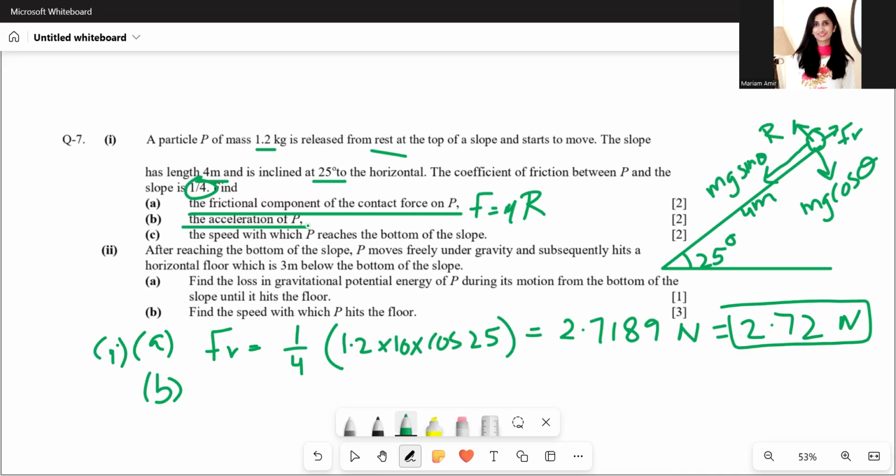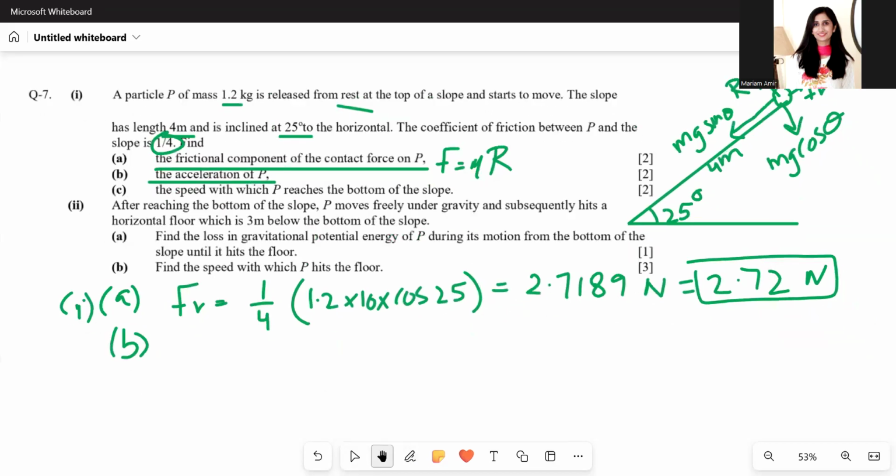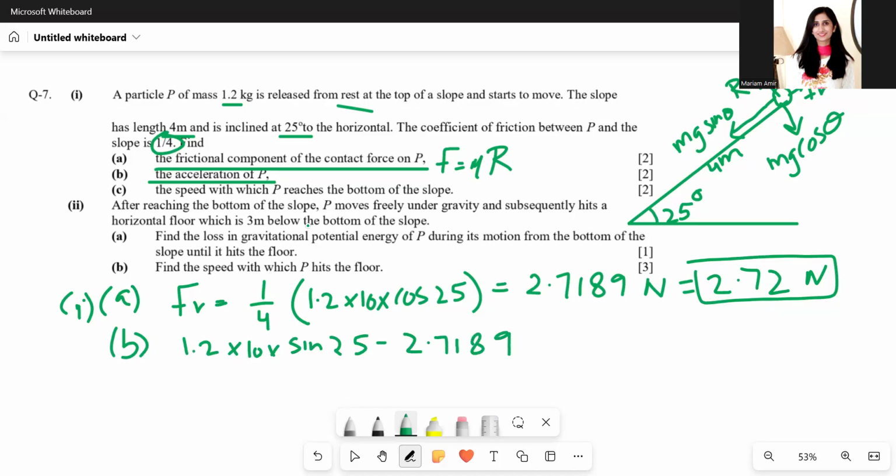So we have m, which is 1.2 times 10 times sine 25 minus friction, 2.7189, use the unrounded value, is equal to mass times acceleration. Acceleration comes out to be 1.96 meters per second square.